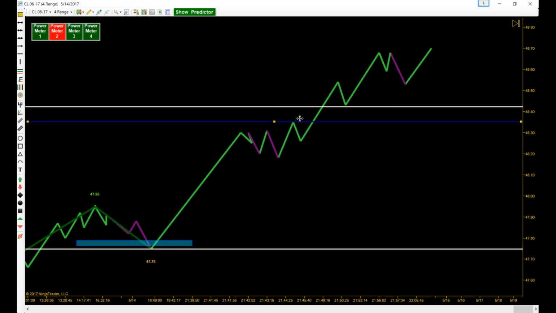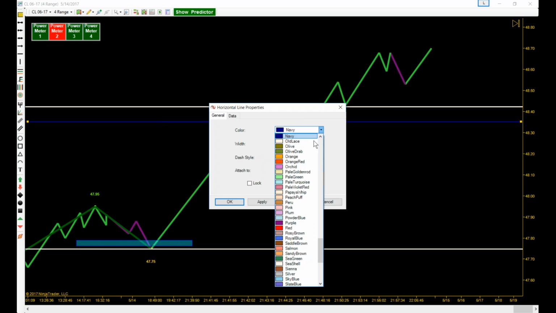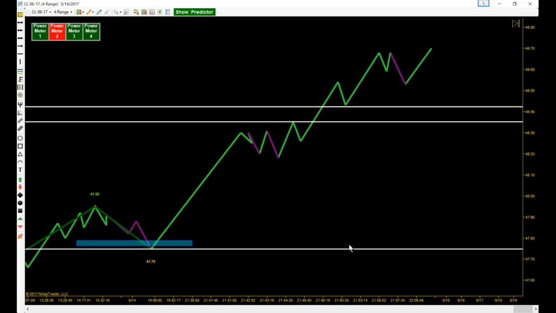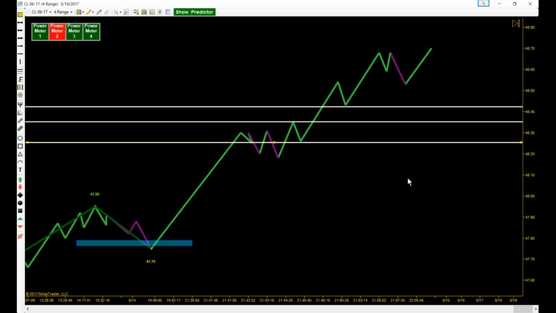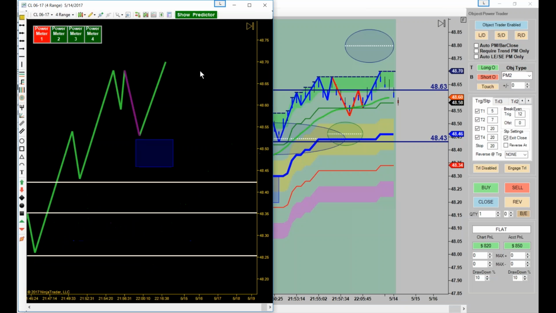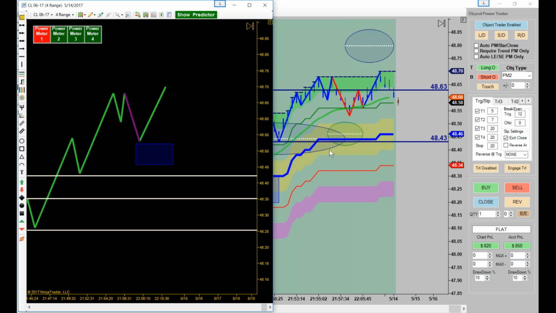I'll change that to a white one. We don't want to take out this swing right here. So I think the sweet spot's probably going to be somewhere between here and here. Let's see what it does in real time.